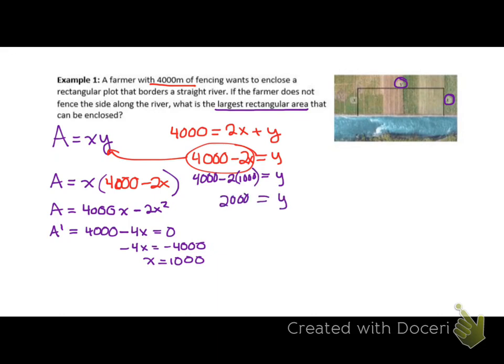So the maximum area is x times y, so 1,000 times 2,000, which is 6 zeros. So 2 million, and what's the unit? Meters squared. So 2 million square meters. That's the largest rectangular area that can be enclosed.